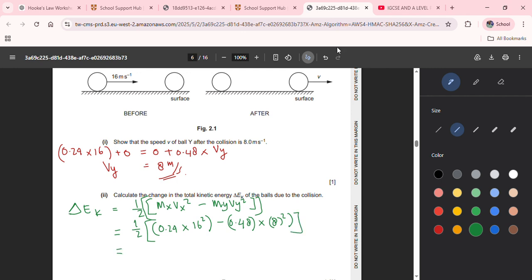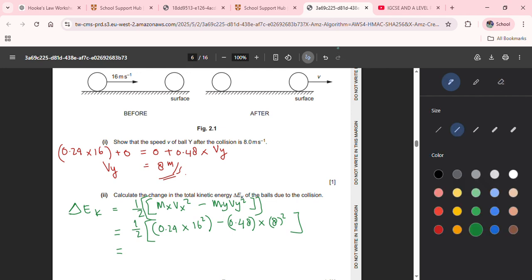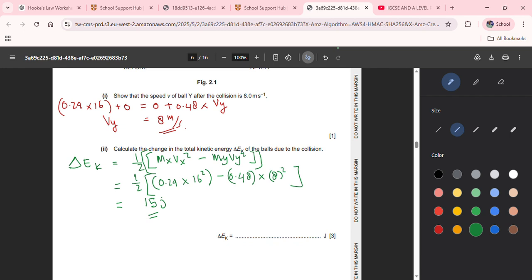We solve this equation, and then we will get 15 joules, because the kinetic energy change is the change before and after.